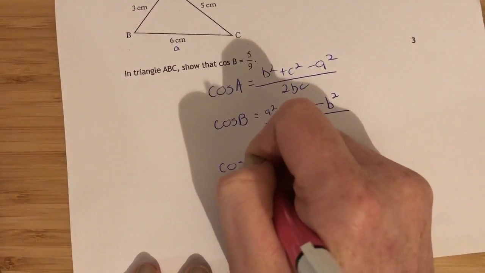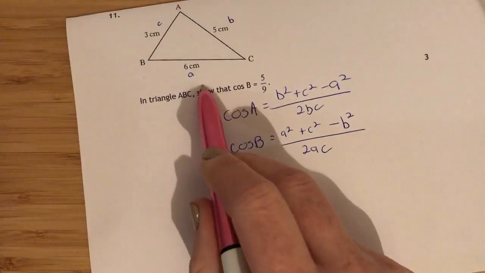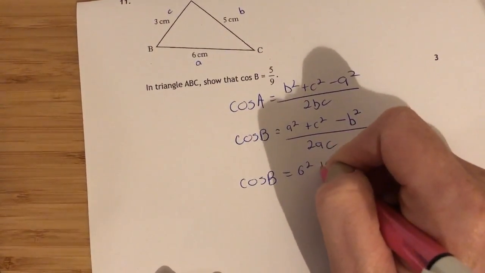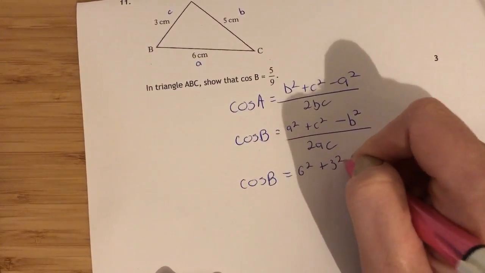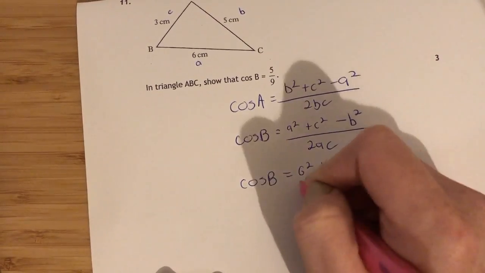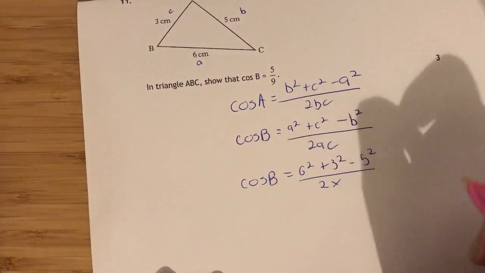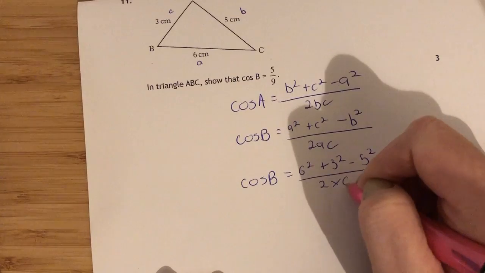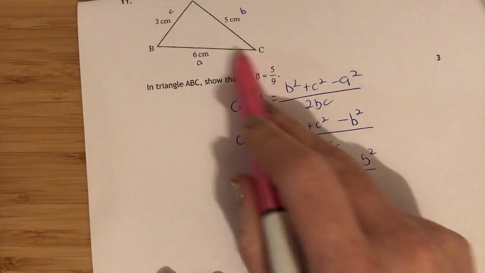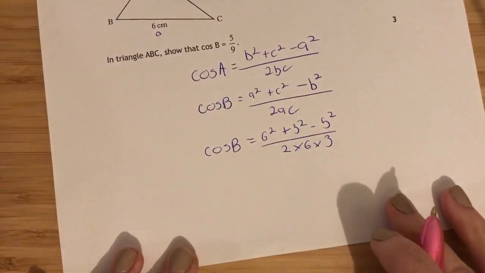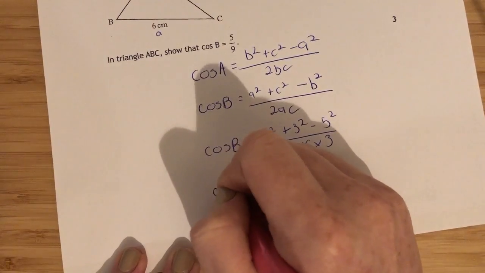So cos B equals A squared, which is 6 squared, plus 3 squared, minus 5 squared, over 2 times A, which is 6, times C, which is 3. Right, let's start evaluating that.